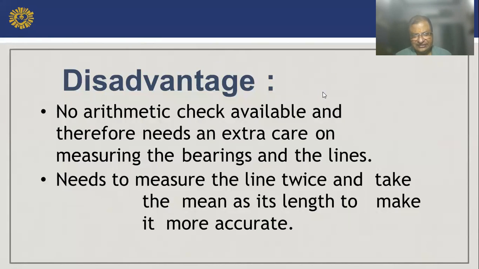What is the disadvantage? No arithmetic check is available, and therefore extra care is needed in measuring the bearing and its line, and you need to measure the line twice and take the mean of its length to make it more accurate.